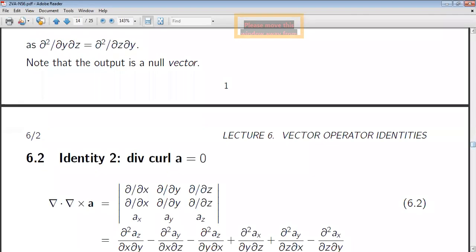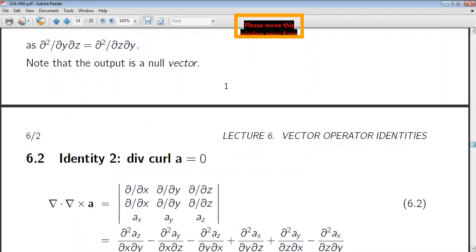Take this identity also. अगर तुम लोग नहीं कर सकते हो तो मैं तुम लोगों को प्रूफ करके दे दूंगा. Take this identity, identity number 2. Divergence of curl of a vector point function A vector equals 0. What is the value of A vector?